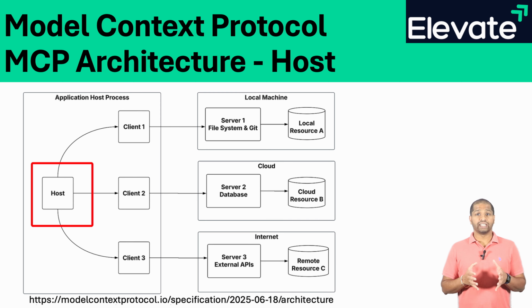The host process acts as the container and coordinator, and it creates and manages multiple client instances. Most importantly, the host enforces the security aspects of the application, such as client connection permissions and lifecycle, security policies, consent requirements, and user authorization.